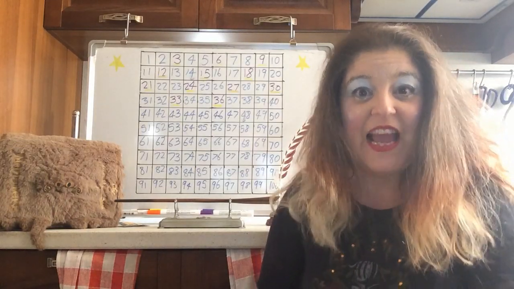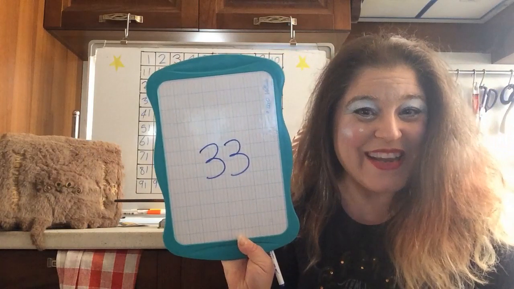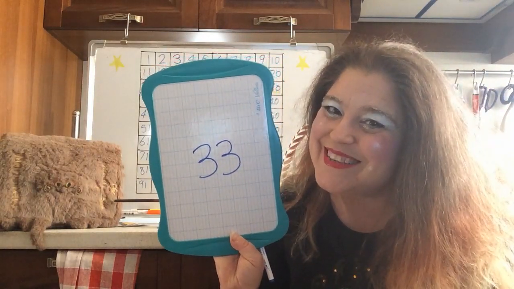What number, counting in multiples of 3 now, what number comes before 36? Counting in multiples of 3, what number comes before 36? Show me. Very good. Before 36 comes 33. Good job.